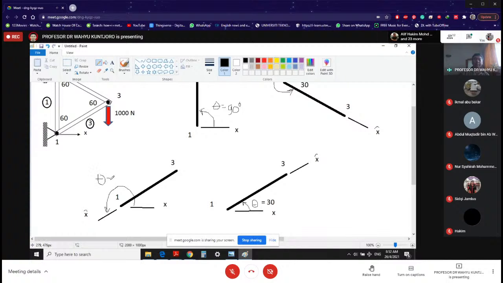And in this case, theta is going to be 180 degrees plus 30 degrees. Okay, 180 plus 30 degrees. So you know your theta. Okay, so now that is your quiz.